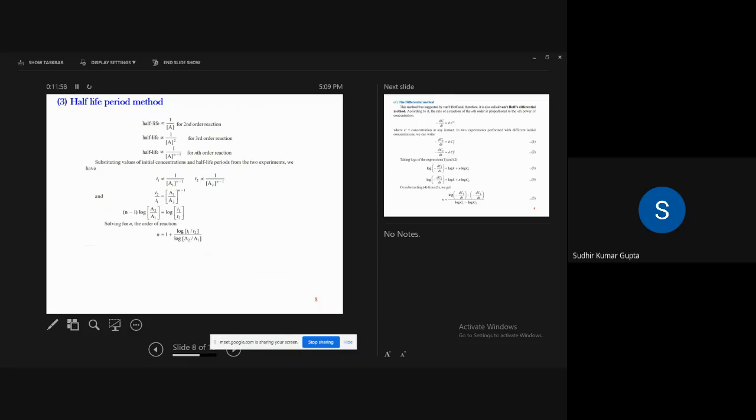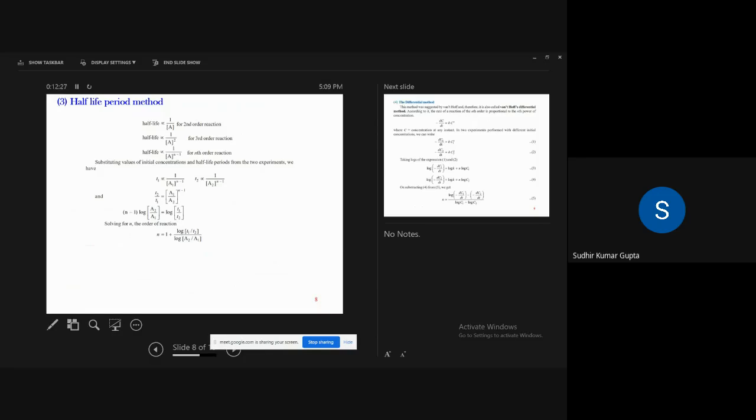So in general we can say that half-life time is proportional to 1 upon a to the power n minus 1, where a is the concentration of reactant and n is the order of reaction. So in general we can say t1 is proportional to 1 upon a1 to the power n minus 1.